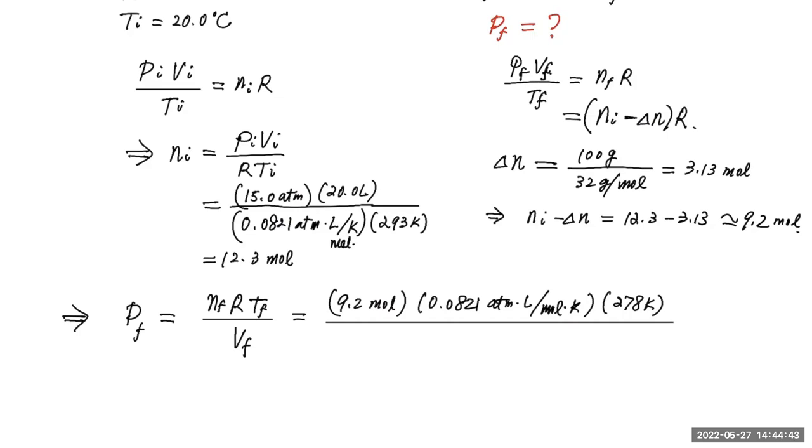V final is the same as V initial, it's 20.0 liters. If you do this calculation, it's going to get you the final pressure, and that equals 0.75 of the initial pressure.